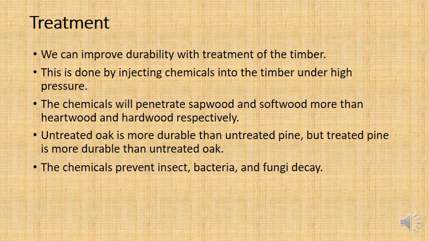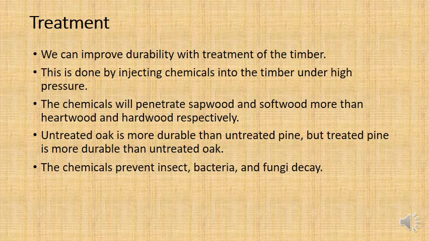Now obviously how much the chemicals penetrate into the wood depends on the porosity of the wood. And so the chemicals will penetrate into sapwood and softwood more than it will penetrate into heartwood and hardwood, respectively.